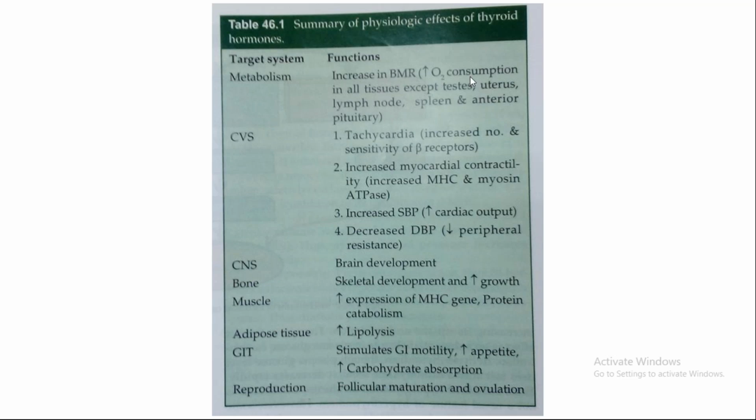That's why the thermogenic response is not required by these tissues, and that's why the thyroid hormone is not utilized by them. All other tissues utilize the thyroid hormone. So you can make a list: the anterior pituitary, adult brain, testis, ovary, lymph nodes, spleen. These are the tissues that do not use the thyroid hormone.